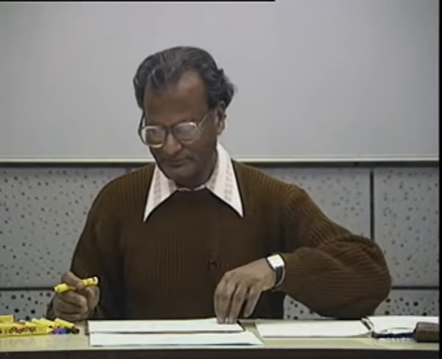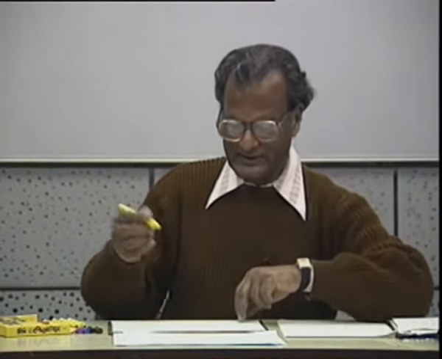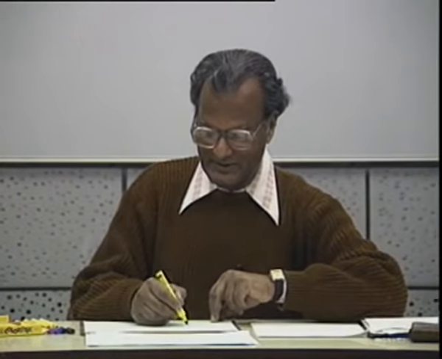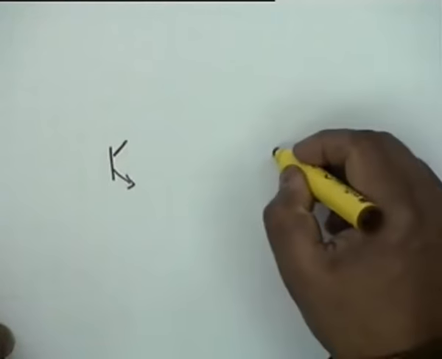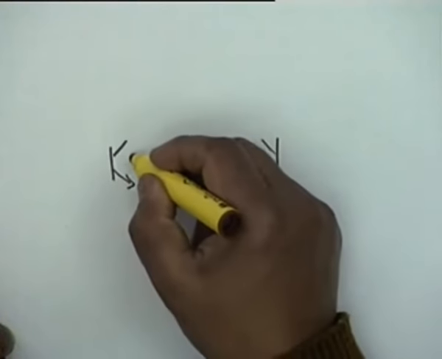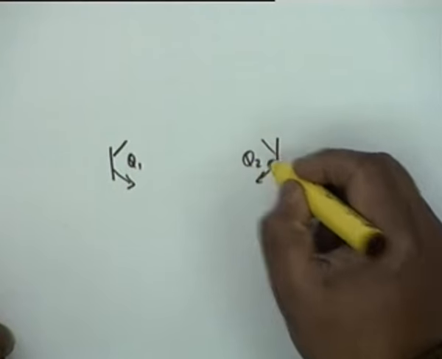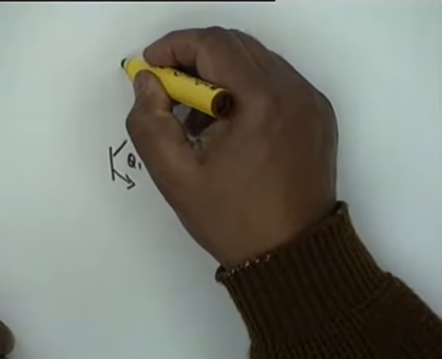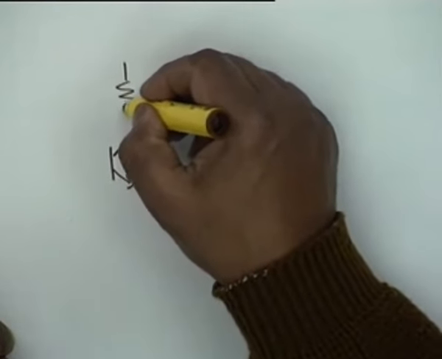Now, so far about the general terminology. Now let's look at a practical circuit. The circuit, try to draw with me, has two identical transistors, Q1 and Q2, biased identically.